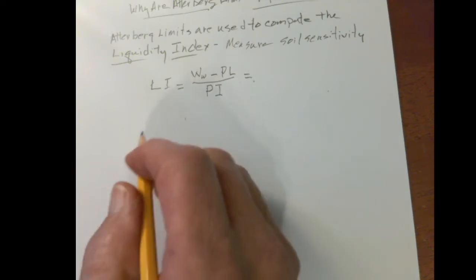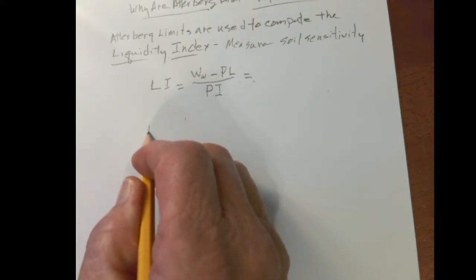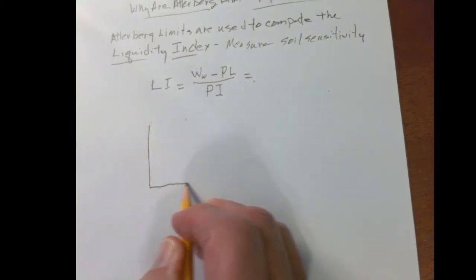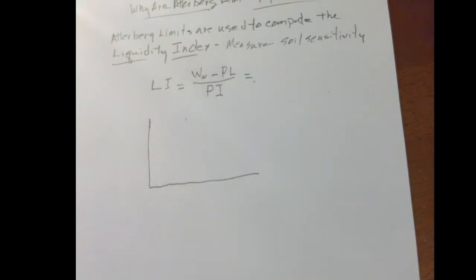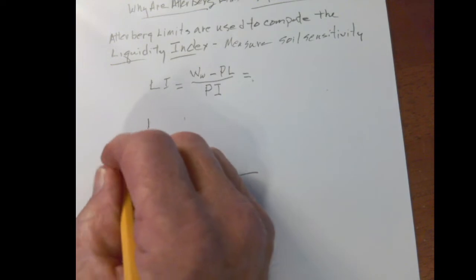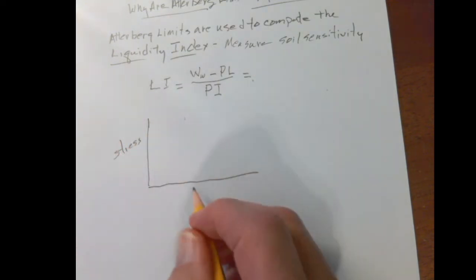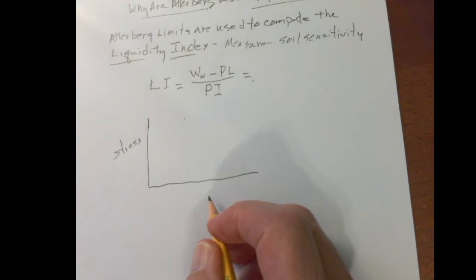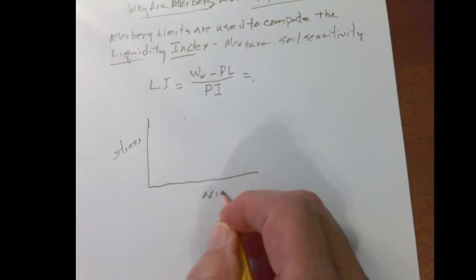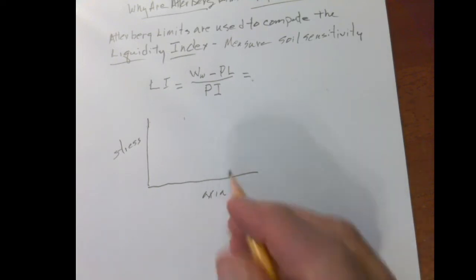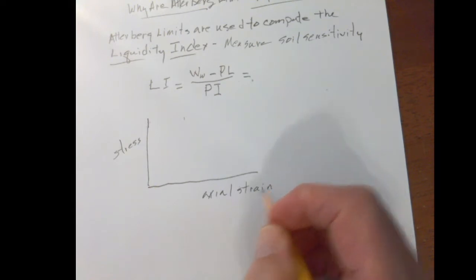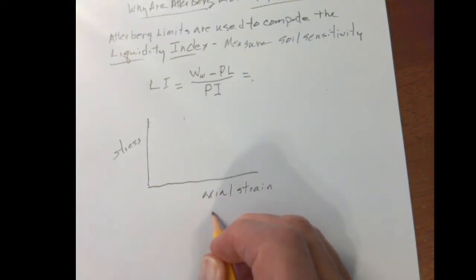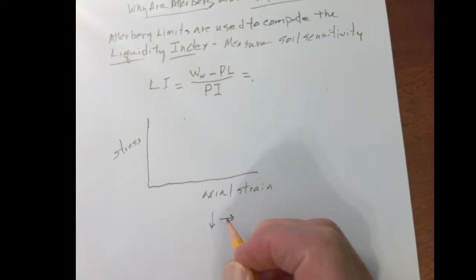So I saw this chart, I think in the book or somewhere, just to talk about results of this on a chart, where this would be stress over here, and this would be what they call axial strain, strain in the direction of force, whether it be shear or straight down.